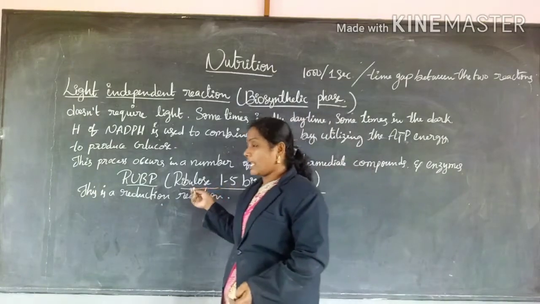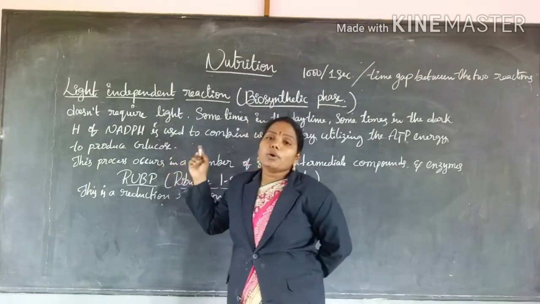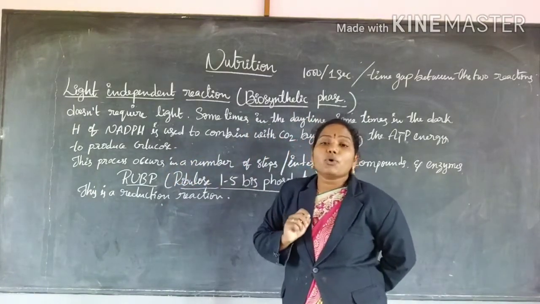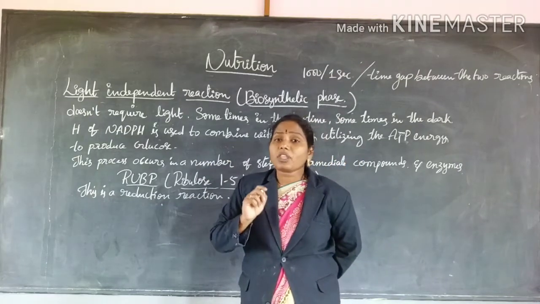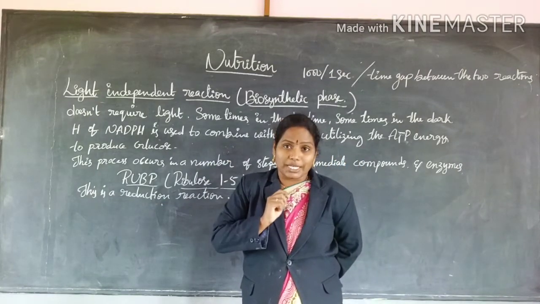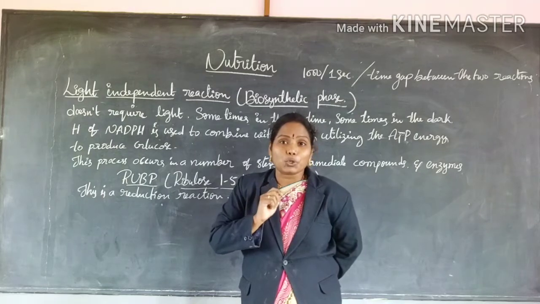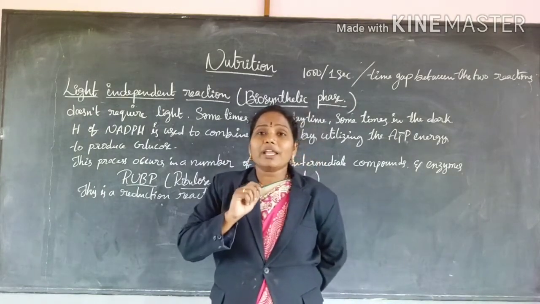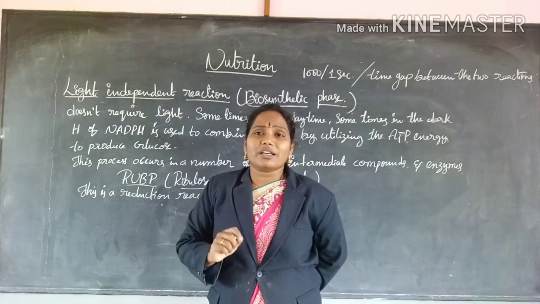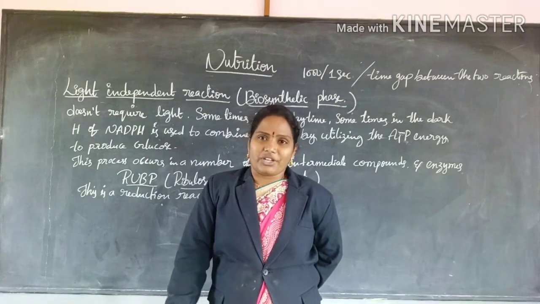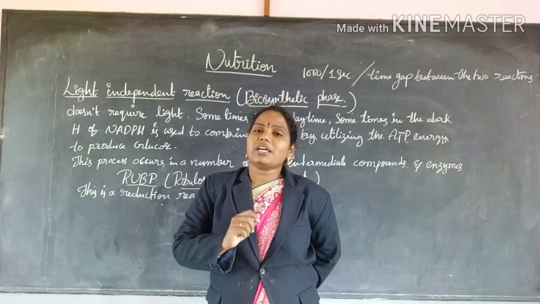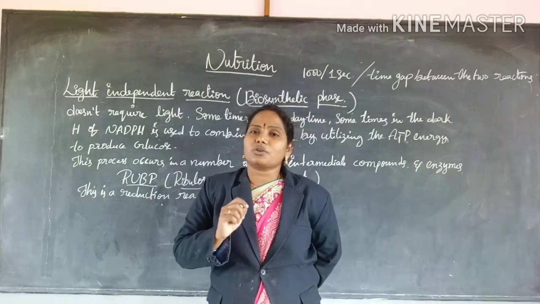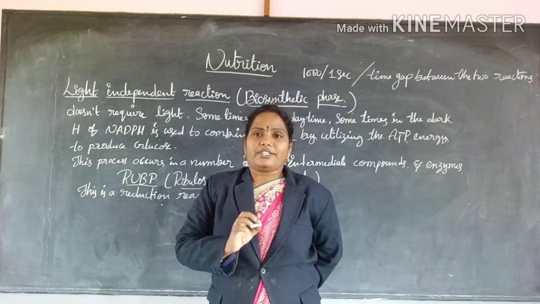Okay, this reaction. Here you have to know one thing. CO2 is combining with hydrogen to form glucose. You know that combining with hydrogen is known as what? Reduction reaction. Combining with hydrogen, the reaction is known as reduction reaction.